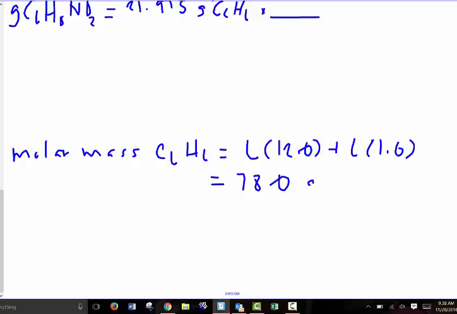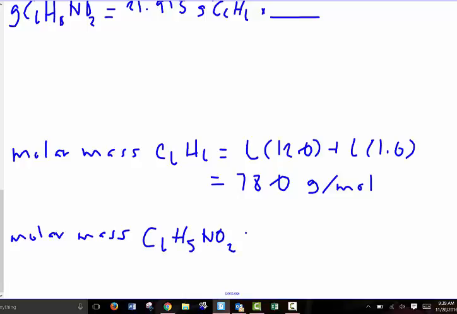Okay, now while we're at it, let's figure out the molar mass of our product as well, because we're going to need that in just a moment, right? So our product is C6H5NO2. Okay, and our molar mass of that, let's calculate that out. So you got 6 carbons.